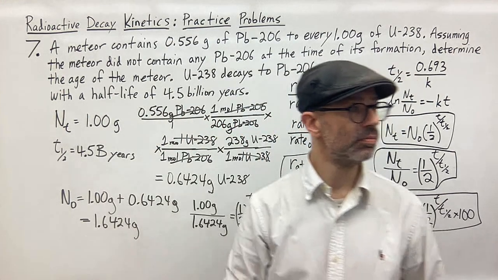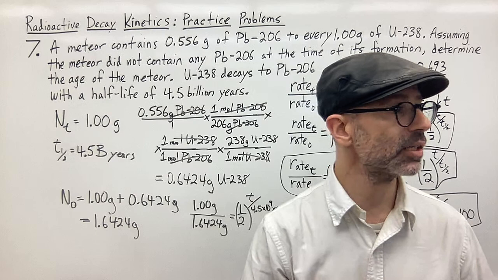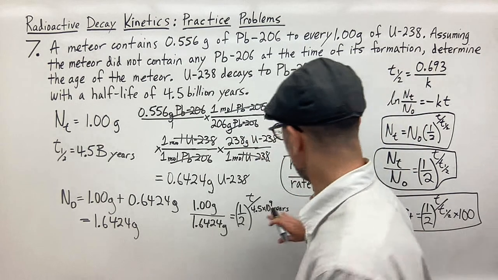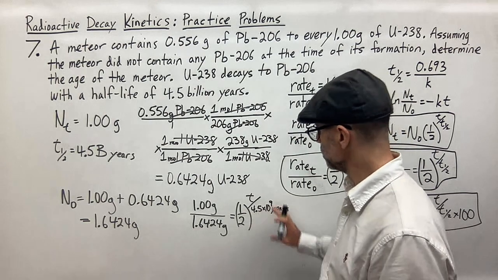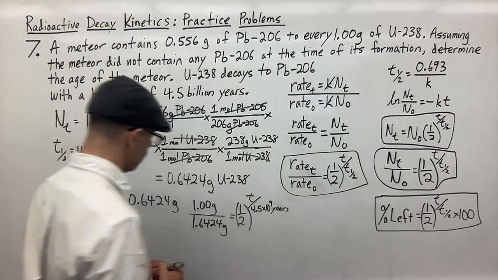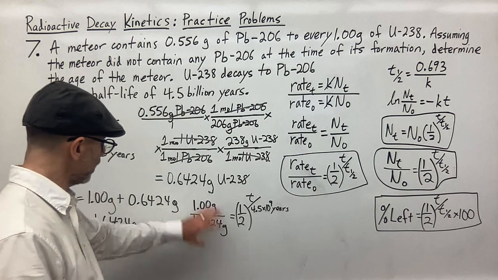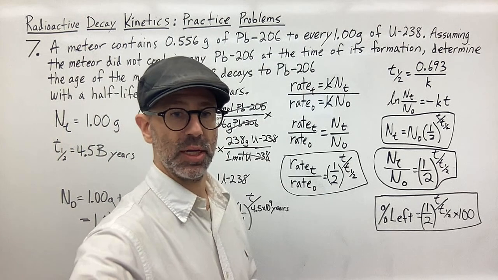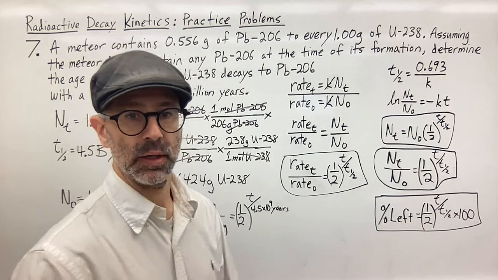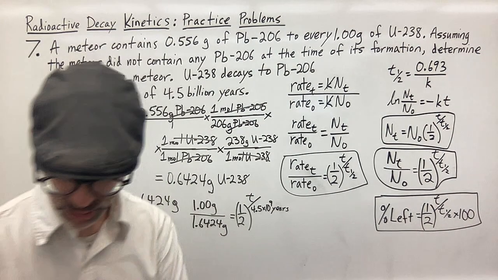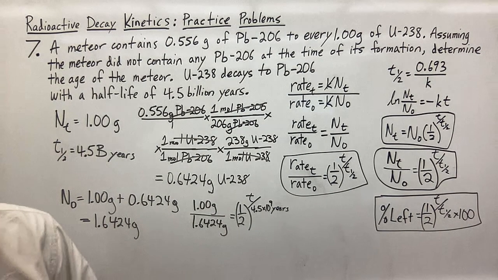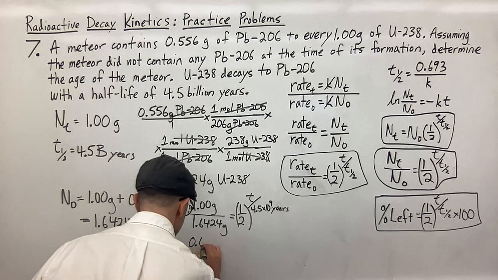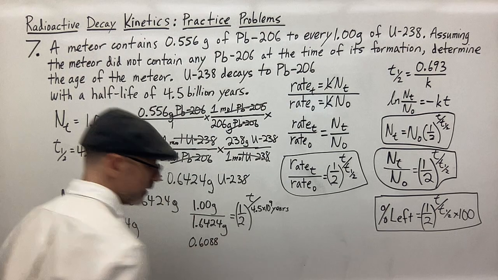Okay, so let's double check. Yep. So here, now all I need to do is solve for t. So I'm going to calculate that in just a minute. And when I calculate that out, I get 0.6088.